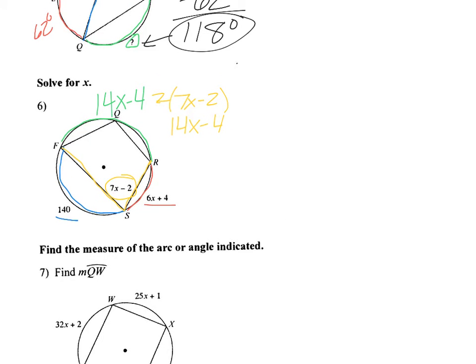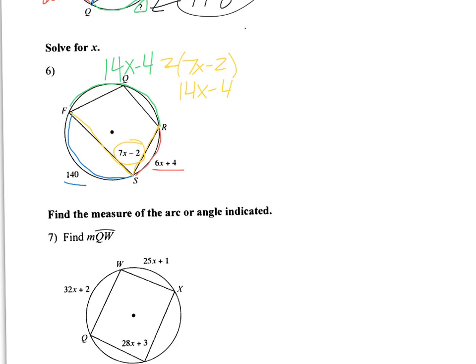We've done some problems like this in previous lessons. If I take all 3 of these arcs and put them all together, that makes the whole circle, which is 360. So there's my equation: 14x minus 4 plus 6x plus 4 plus 140 equals 360.